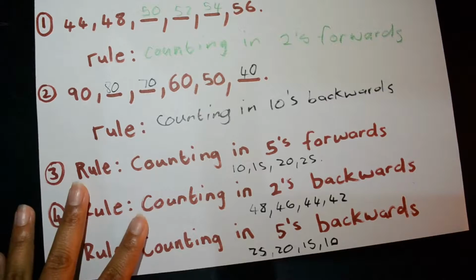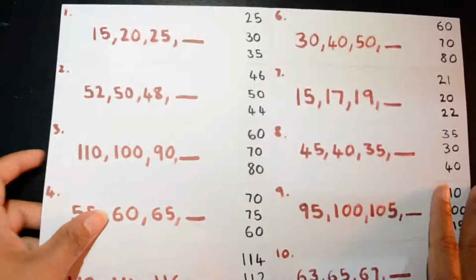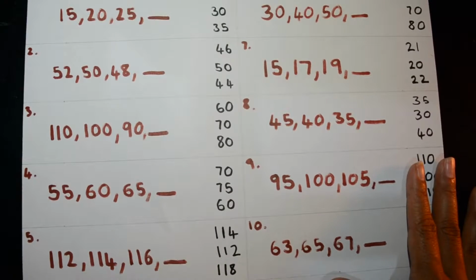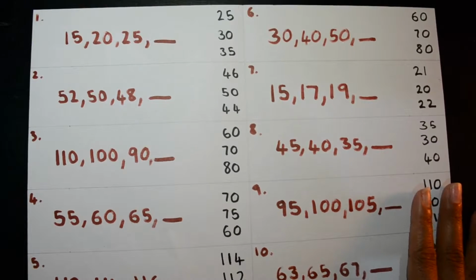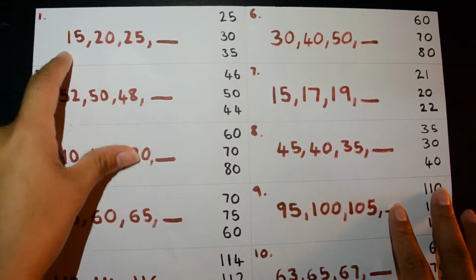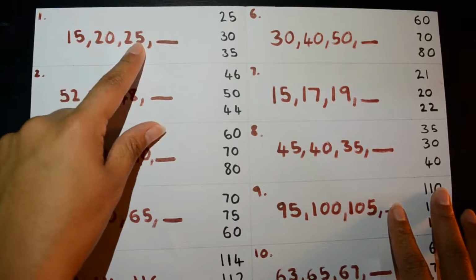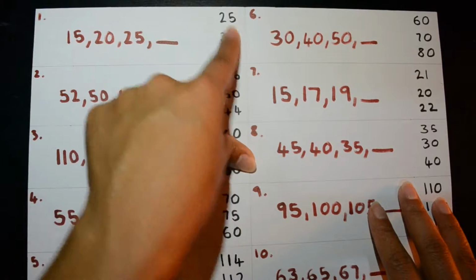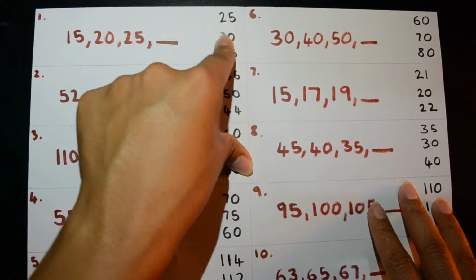Okay, so for today I've given you 10 number patterns as well, and you can see here I've given you number 1, it's 15, 20, 25, and you have to choose from these 3 numbers what the answer is.